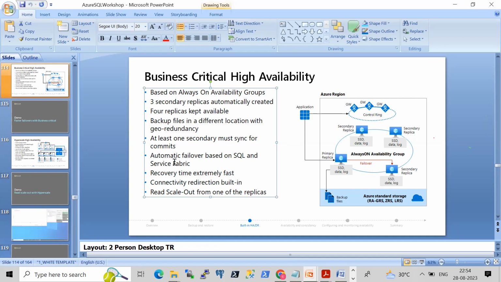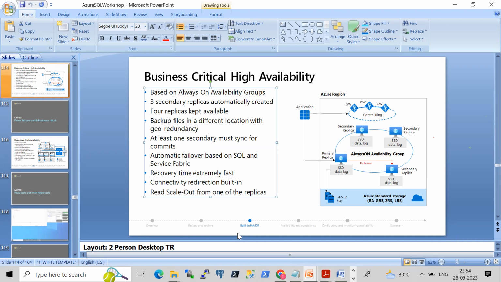One replica you can use for read-only connections. Just like on-premises, you can use one replica internally for read-only connections. You don't even know; you will just connect to your managed instance only. There is no concept of a listener here. If I say managed instance and failover cluster, you will think you'll have a failover cluster IP and a virtual cluster name.